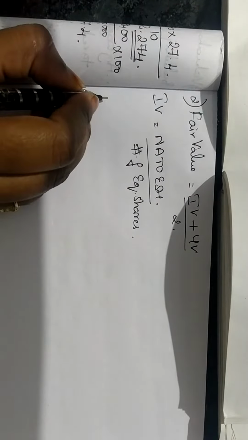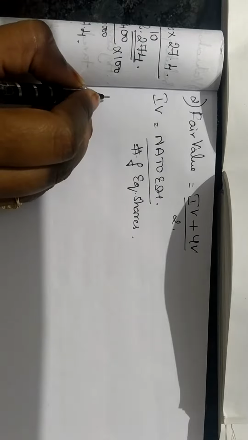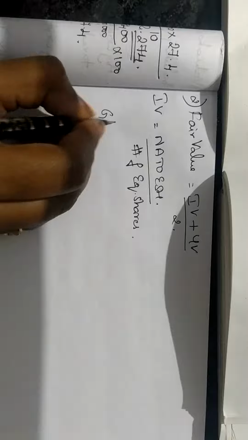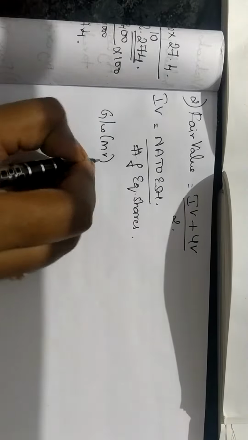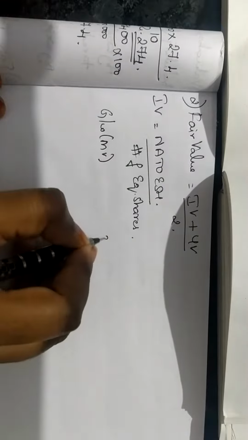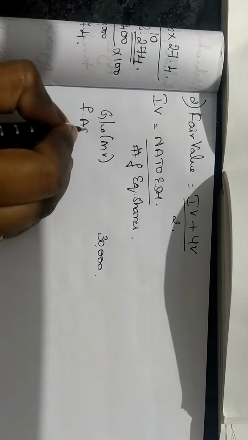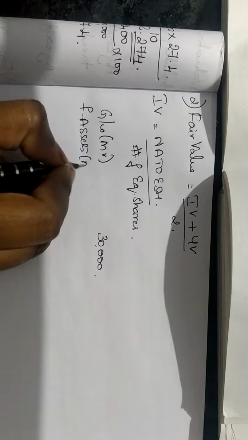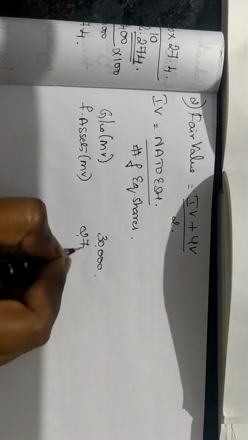Okay, so first I have to find out the net assets available. So I am going to consider all the assets that are given in the problem. In the adjustments you have the market value given. So goodwill is given at the market value, which is 30,000. Fixed assets also, they have told you to consider the market value, 2,70,000.